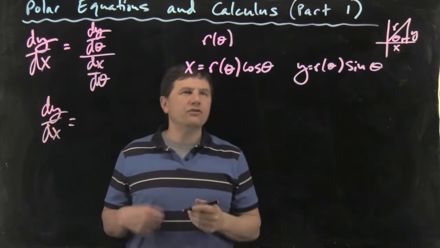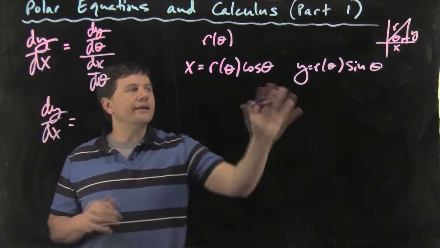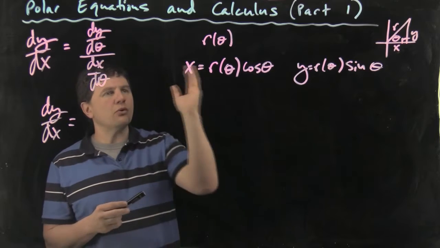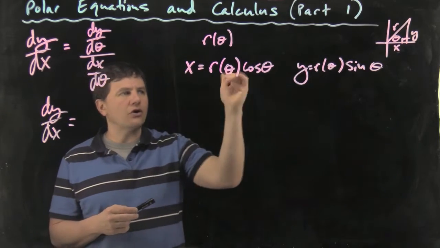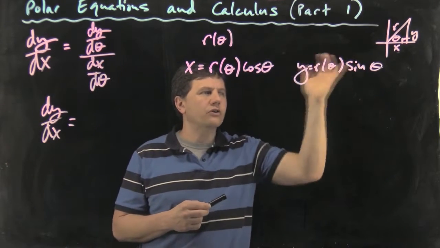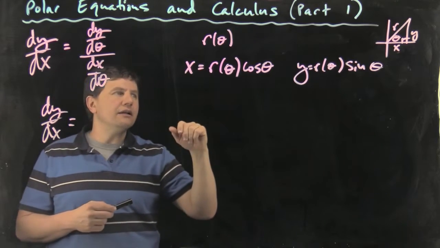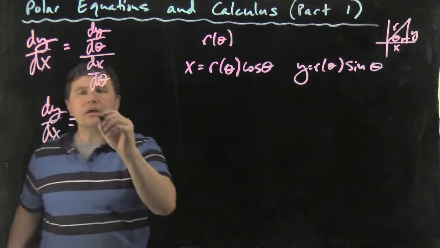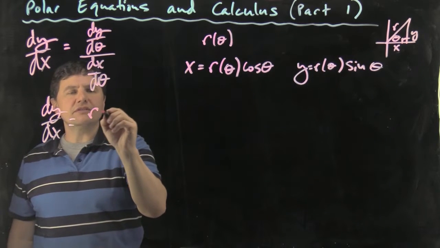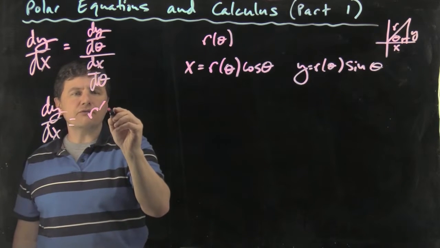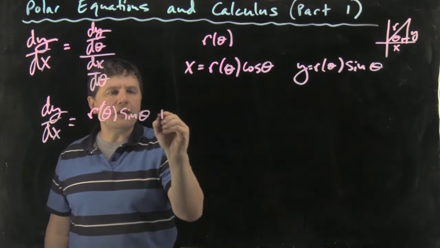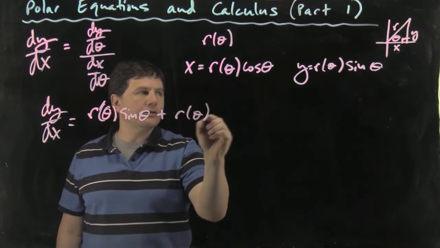Okay, so when I take the derivative of this, this ends up always giving us a formula. I've had students that memorize this formula. Personally, I like to keep the memorization to a minimum, so we keep in mind that x equals r cosine theta, y equals r sine of theta. And then when we take the derivative of this, we take the derivative of this on top. So let's take the derivative of the r part first. Copy down the sine, and then plus copy the r of theta down.